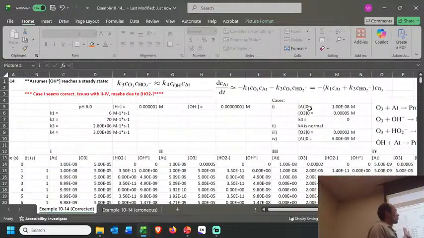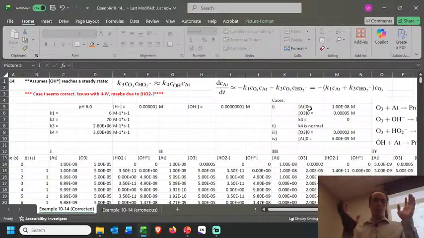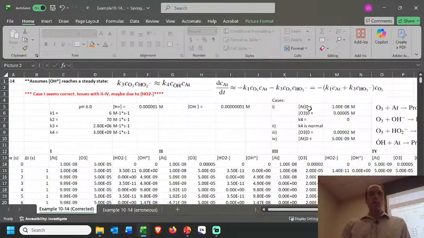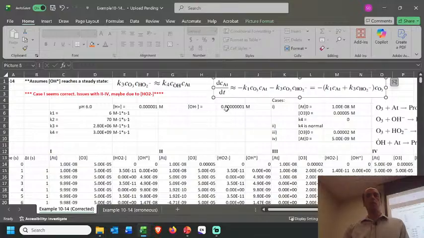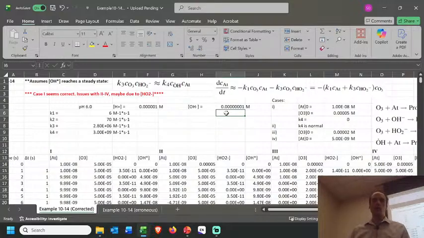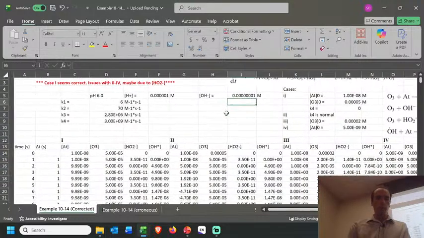The other ones were decaying too quickly, and I have some issue with the Excel file or with my assumptions that build into that. I'm not sure. So anyway, this rate would allow us to simplify the change in atrazine concentration according to this reaction, and that's what I was aiming to apply.